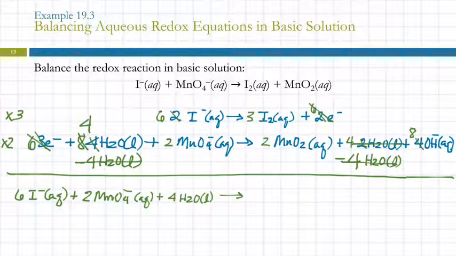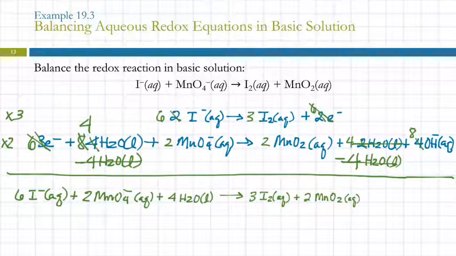On the right side of the arrow, I have 3 iodine molecules and 2 manganese 4 oxide ions. 2 MnO2s. And then 8 hydroxide ions.